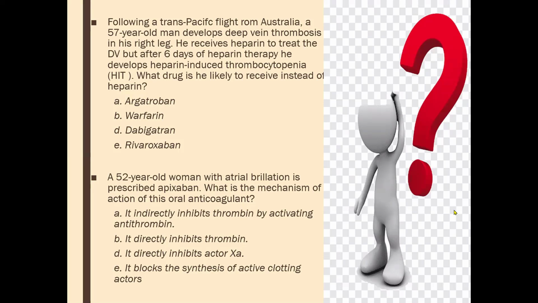I haven't explained it in detail, but still, which drug is it similar to? Factor X inhibitor. Yes. It directly inhibits factor 10A. So it is a drug similar to rivaroxaban. Okay, just the last class revision.